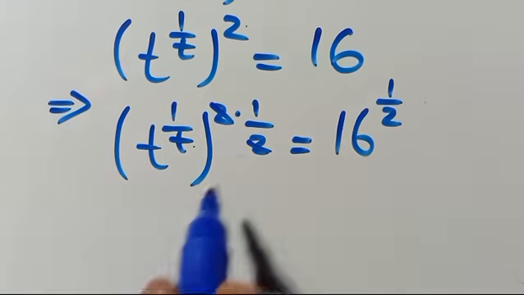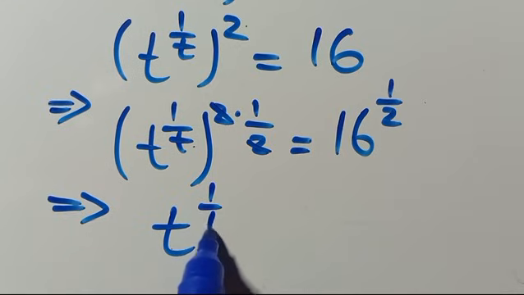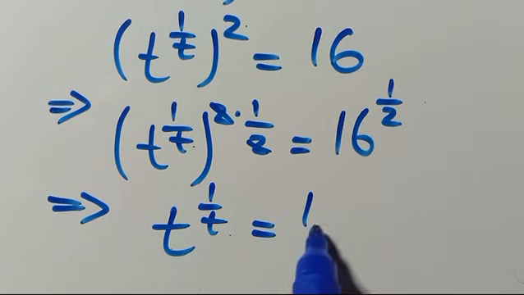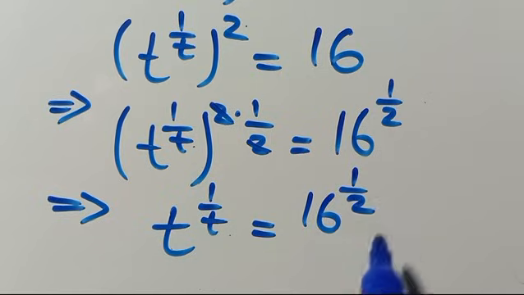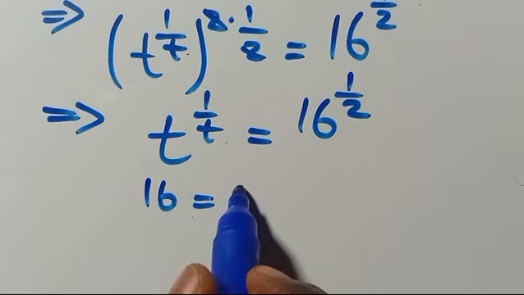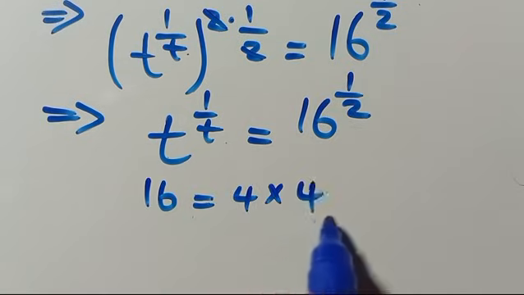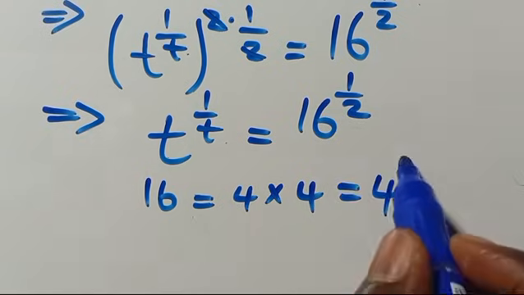So the powers cancel out, and we have t to the power of 1 over t equals 16 to the power of 1 over 2. Then we can have 16 as the product of 4 times 4, which equals 4 squared.